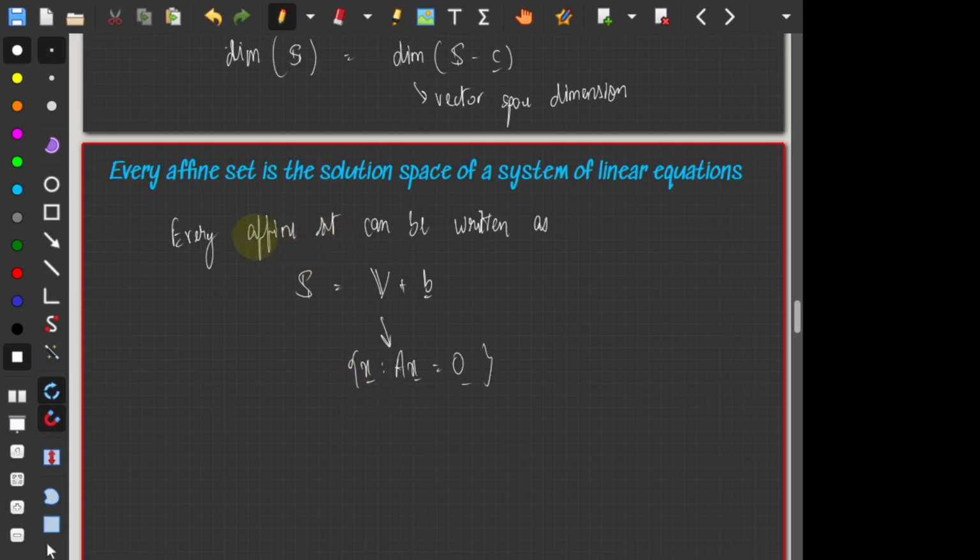Okay, so from this, how do I get the affine set? Or how do I say that this is the solution space of the system of linear equations? Yeah, so what is S basically?